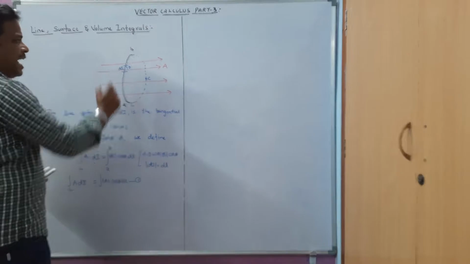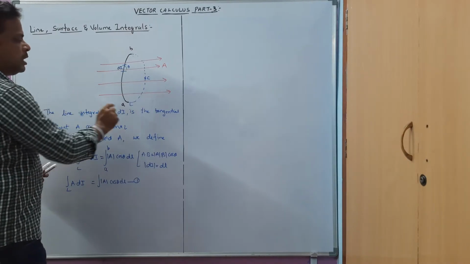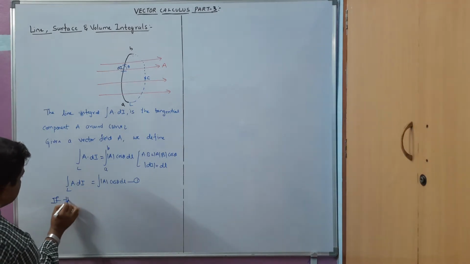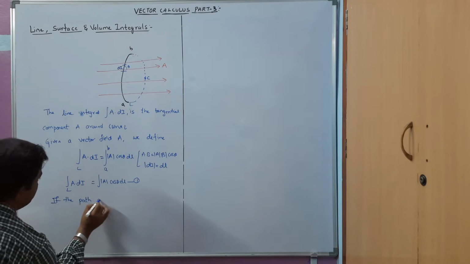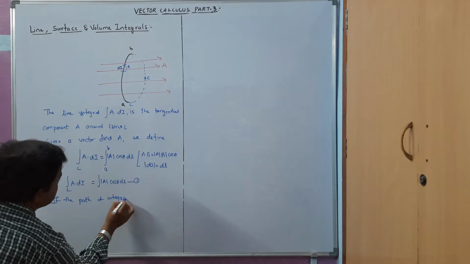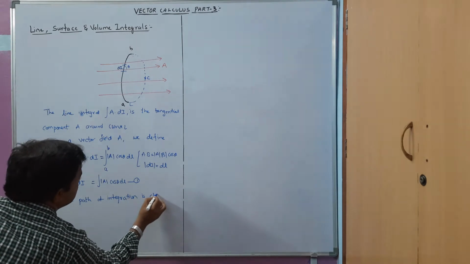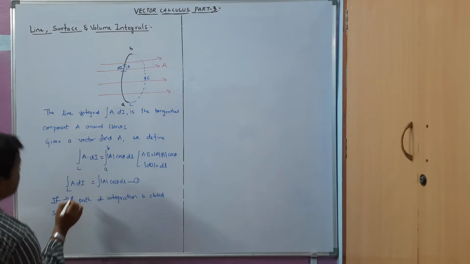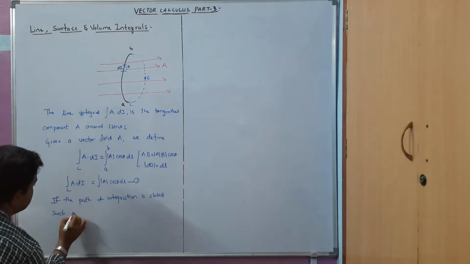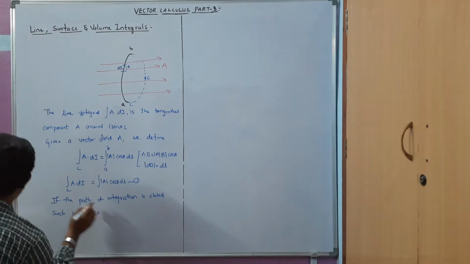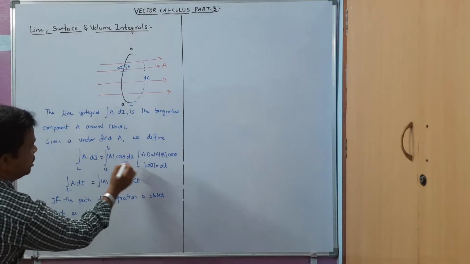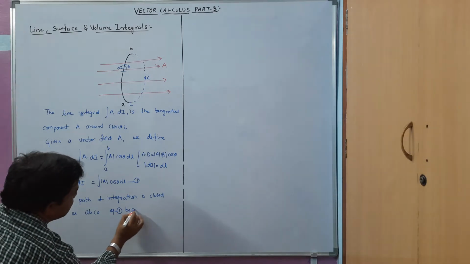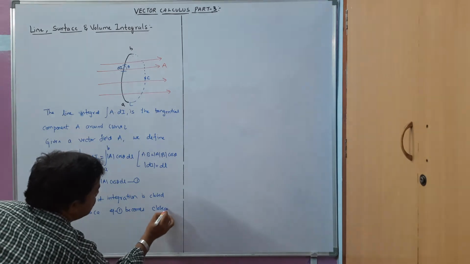If the path of integration is closed, such as A B C A, then equation 1 becomes a closed or contour integral.